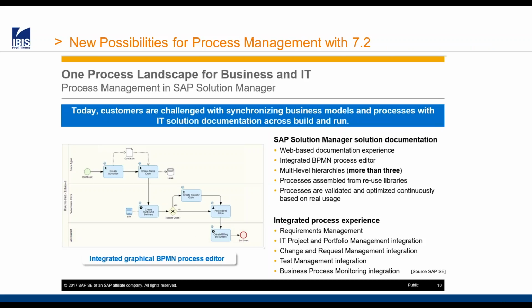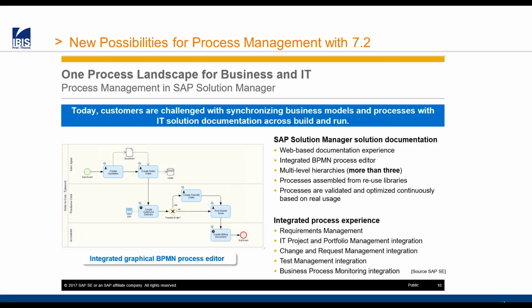Okay, so apart from the biggest downside, which we just saw in the prior slide, of course there are some new developments, some innovations, which are really interesting for customers. Most of them are depicted here. Like, we have multi-level hierarchies, especially on the documentation side. There has been lots of development going on for the 7.2 system.